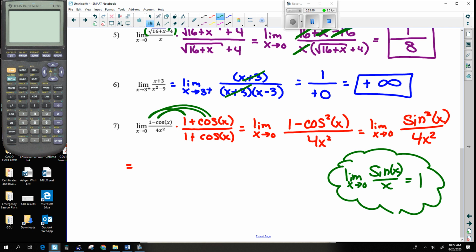Okay, so that's what I'm going to do, and I'm going to just break apart this fraction into all of its pieces. So this is, in essence, saying the limit as x goes to 0. Sine squared is just sine times sine. That's what sine squared is. 4x squared is the same thing as saying x times 4.